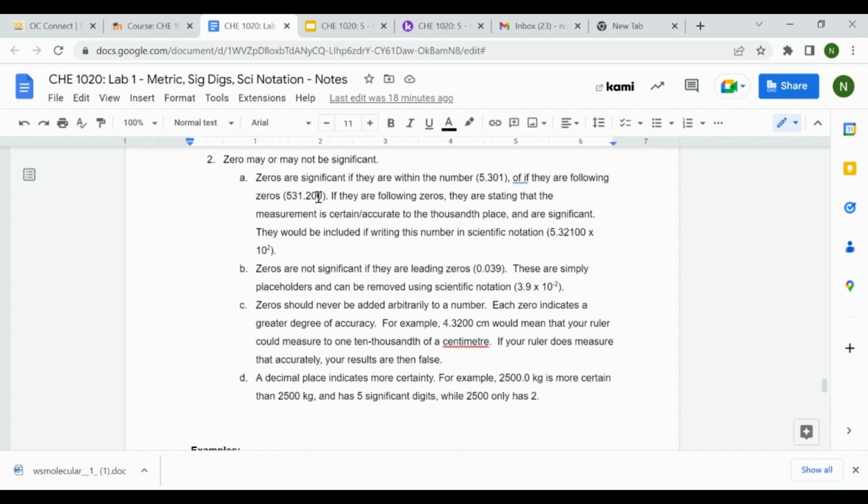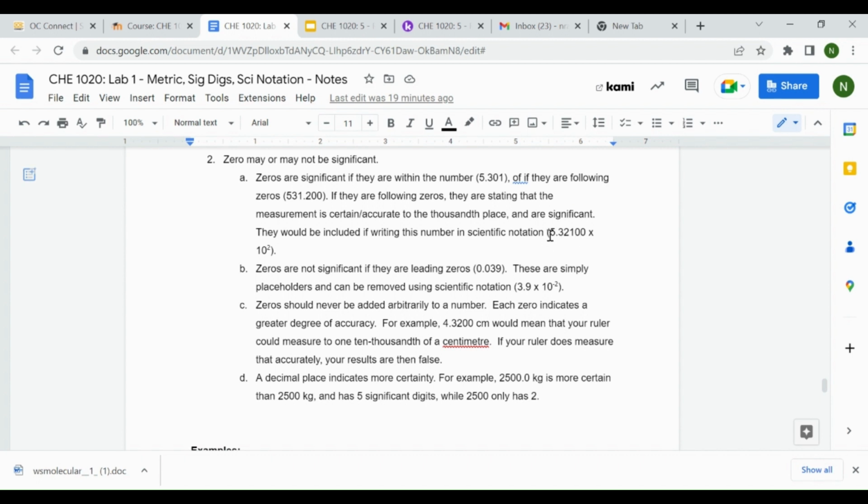You use something that actually measured to these decimal places. So these are important to keep, especially if you're trying to compare the times of two athletes. You need to keep these digits in order to see who comes in first, who comes in second, and the other placings as well. So this 0 in the previous example is important because it was one of the measured values. If you're measuring to the thousandth value, you certainly were measuring to the hundredth place as well. So those zeros are significant.